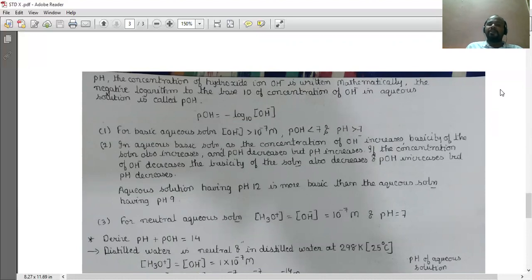I repeat, negative logarithm to the base 10 of hydroxide ion.